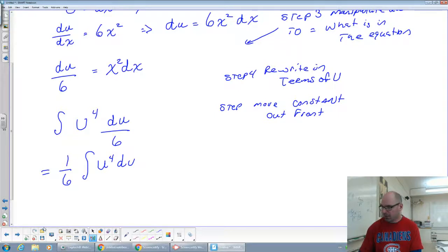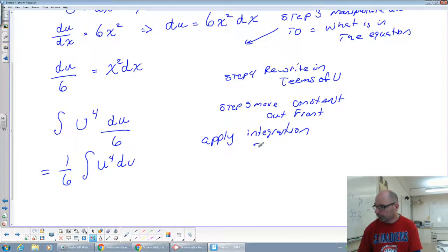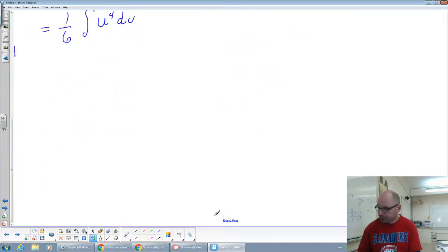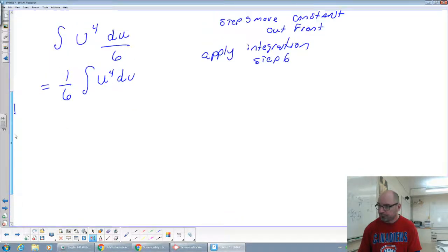Now we apply the integration, keep the constant out front. y equals 1/6.